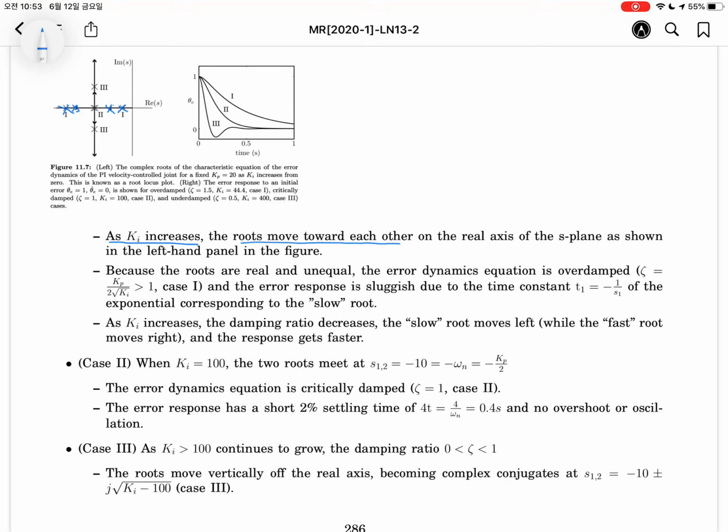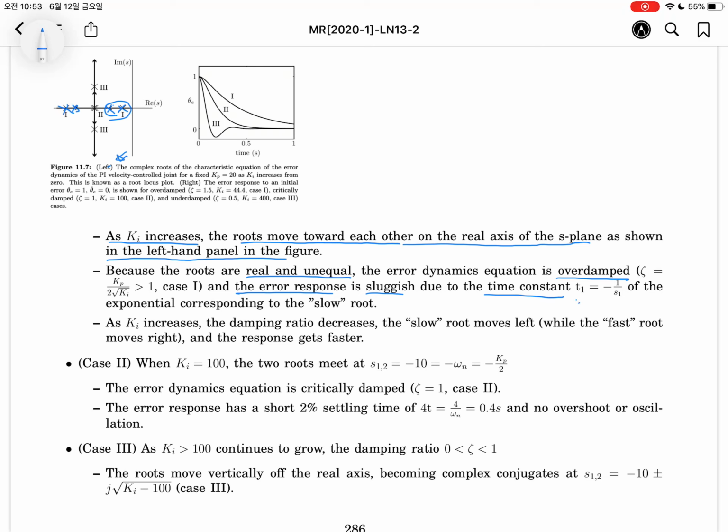So the roots move toward each other on the real axis of the s-plane, as shown in the left-hand panel of this figure. Because the roots are real and unequal, the characteristic equation is overdamped, right? Zeta is larger than 1. And then the error response is sluggish due to the time constant. It is a slow one, right?